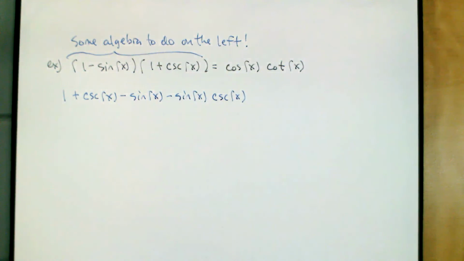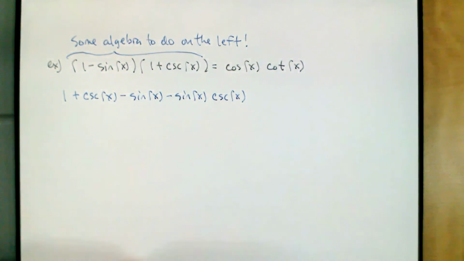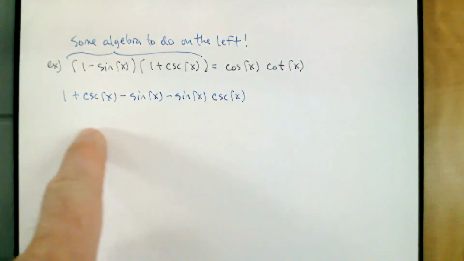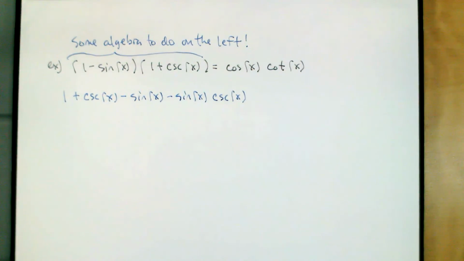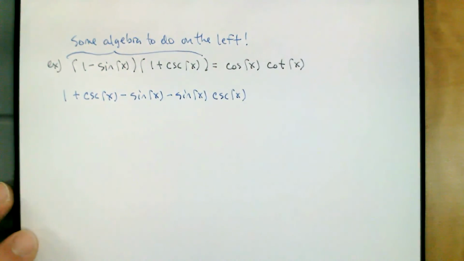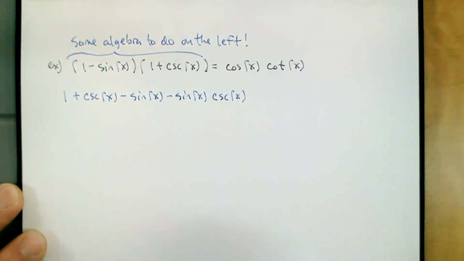Now we're going to look at what we got. We got cosecant minus sine. Let's see, we got this sine and cosecant. Is there anything going on here? We notice that sine and cosecant are being multiplied together. And we remember that sine and cosecant are related in our reciprocal identity. So cosecant is the same as 1 over sine.